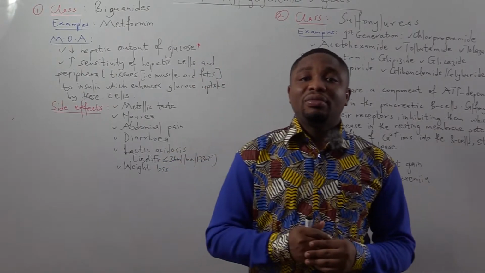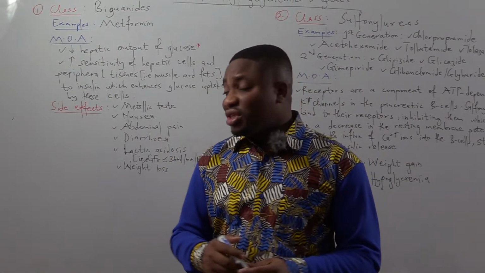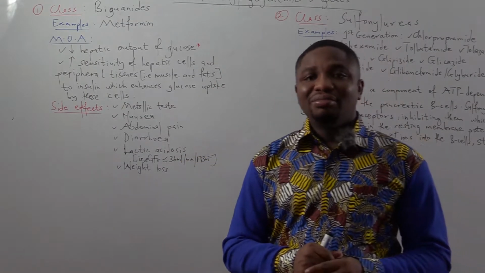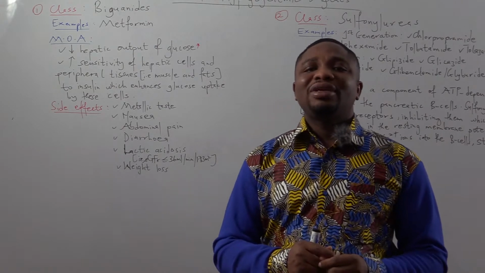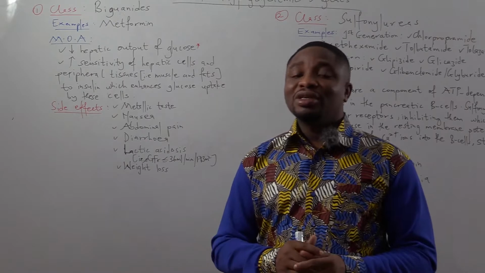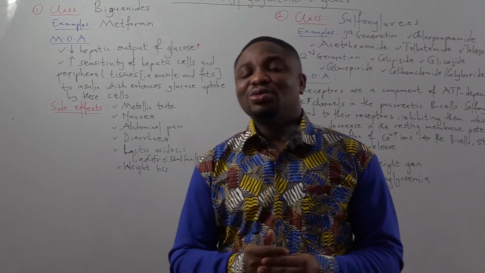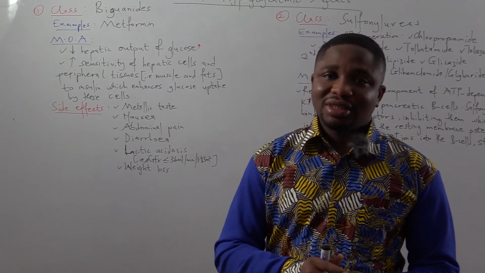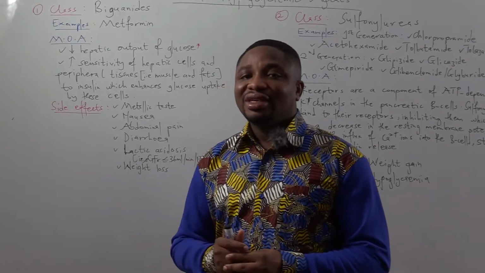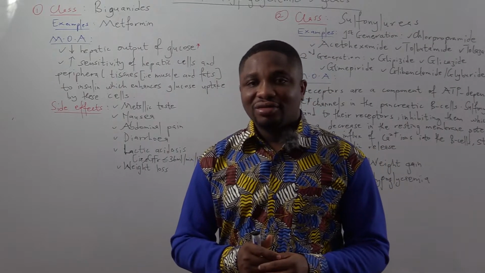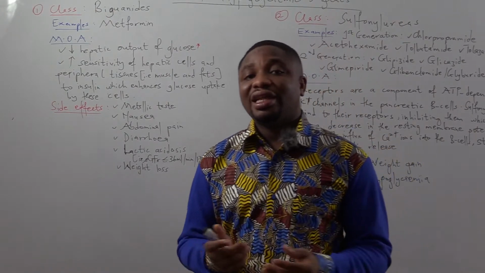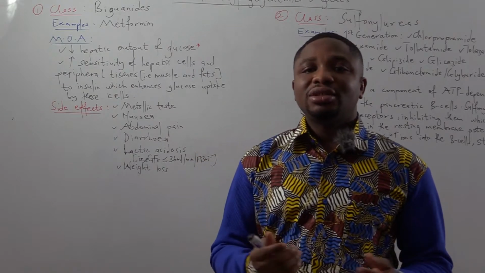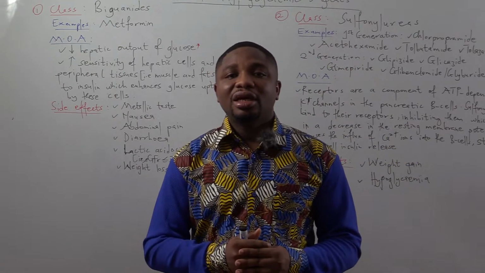If the estimated glomerular filtration rate is less than or equal to 36 milliliters per minute per 1.73 meters square, then metformin should not be given to such a patient, because if given, it will precipitate a lactic acidosis. Then finally, another side effect is weight loss. That is why in conditions like polycystic ovarian syndrome, metformin can be given to enhance weight loss, because such patients tend to gain a lot of weight.